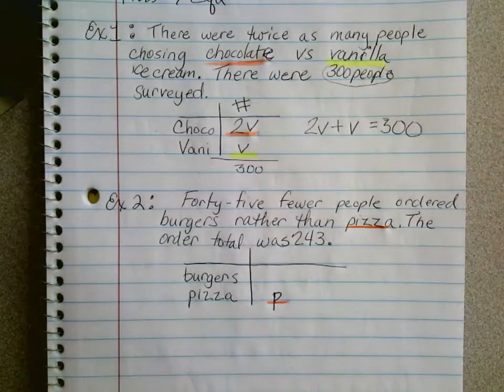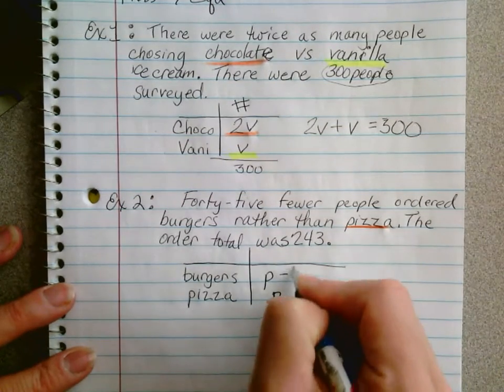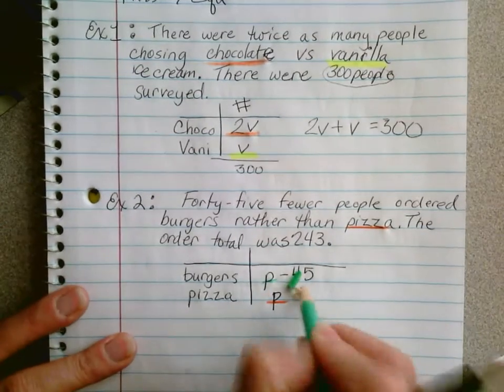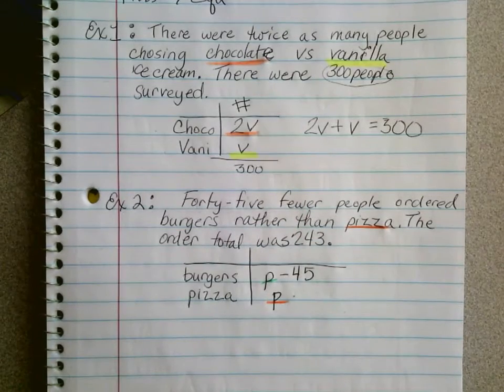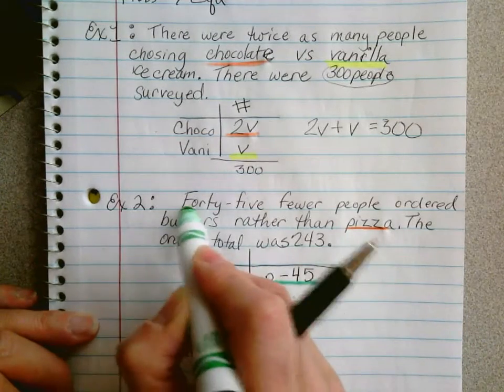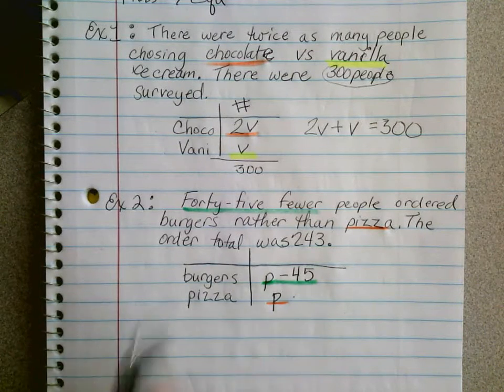Fewer than pizza. So what will be first? Okay, go ahead. Good. There's your detail about pizza. 45 fewer doesn't mean 45 minus. You're getting it backwards by doing that. How do I turn this into an equation, Lizzie?